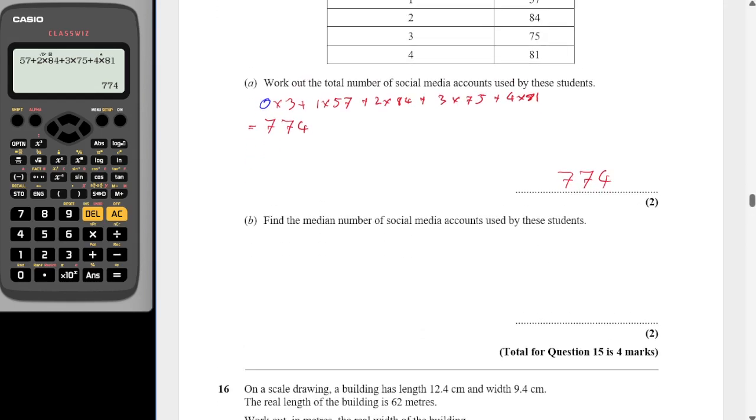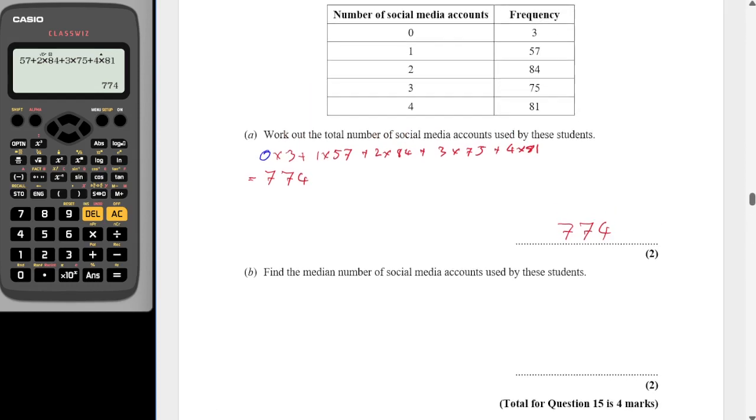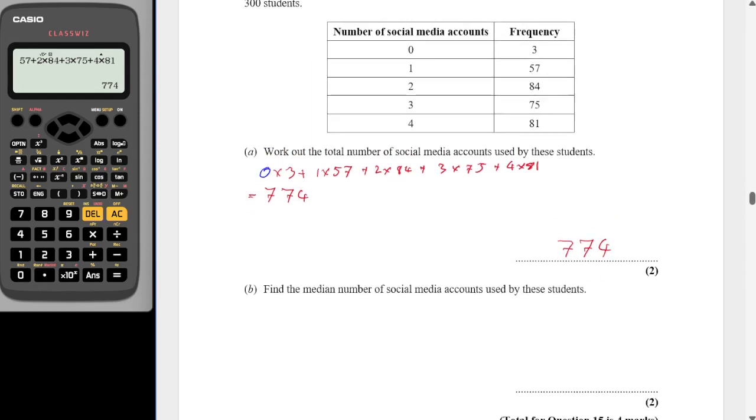Okay, B, find the median number of social media accounts used by these students. So the median is going to be the middle value. So in effect, I'm going to say 300 plus 1 divided by 2 is going to be equal to 150.5. So I'm looking for the 150th and the 151st positioned ones, and to be fair, looking just for the 150th would be fine.